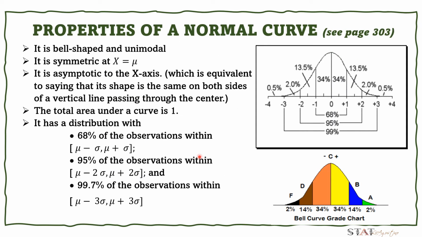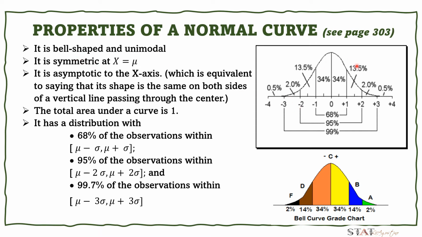And let's learn the properties of a normal curve. Let's not compute how the normal distribution has the certain function or formula in the previous slide, but let's just see its application. You can also see that on page 303 in our textbook. So it is bell shaped and unimodal.